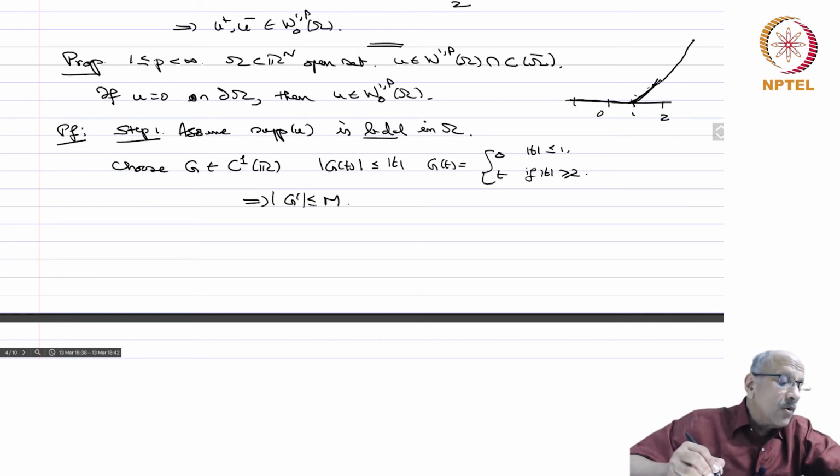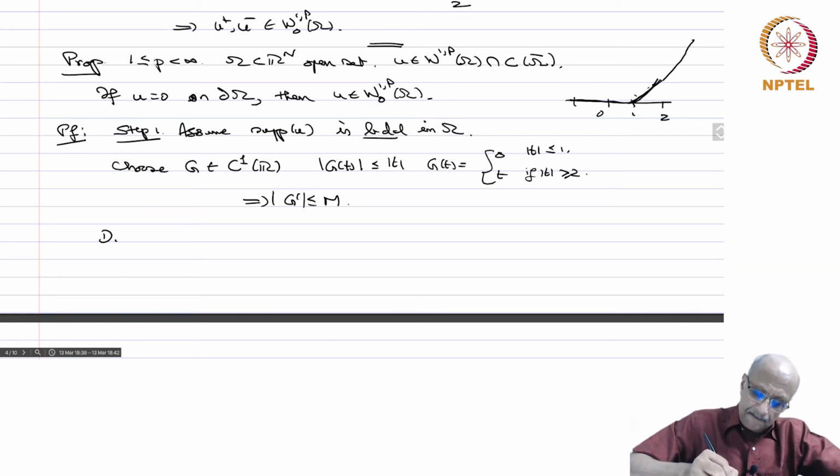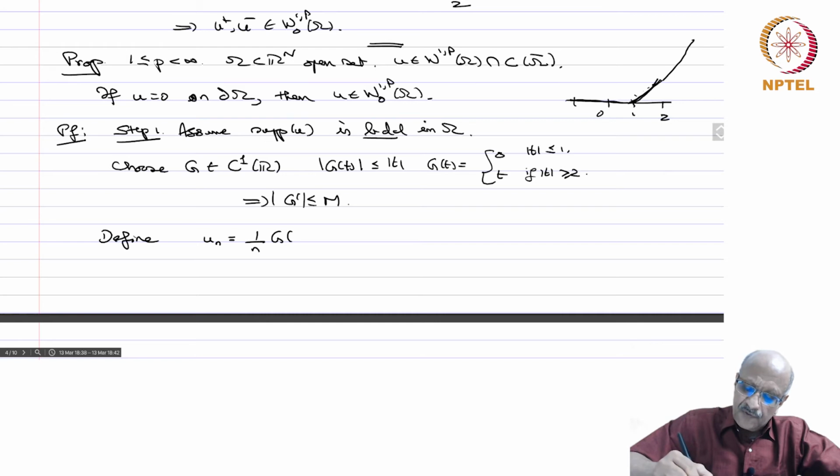Okay, so now you define u_n equals 1 by n of G of nu. So this implies that u_n belongs to W^{1,p}(omega).